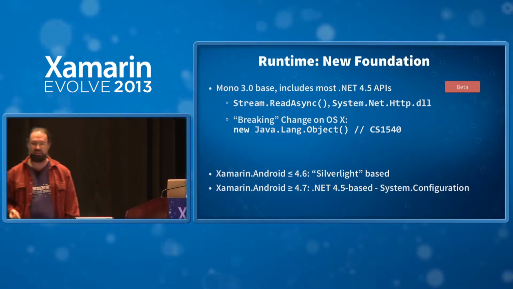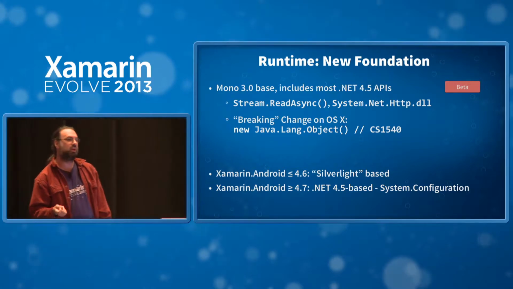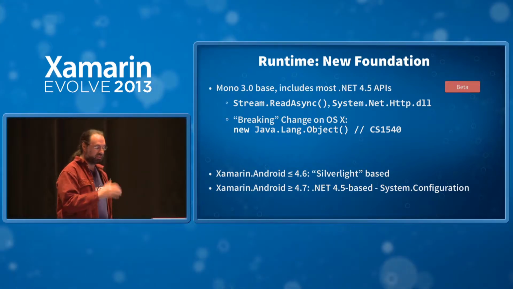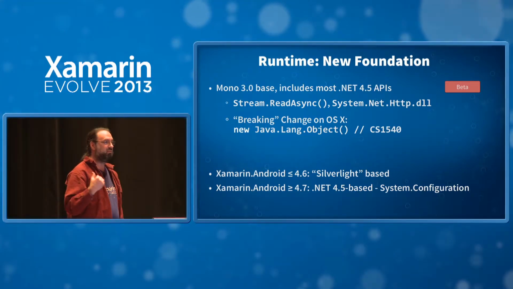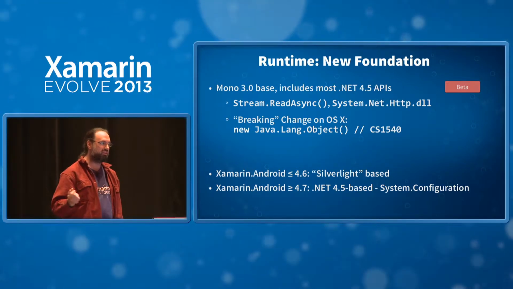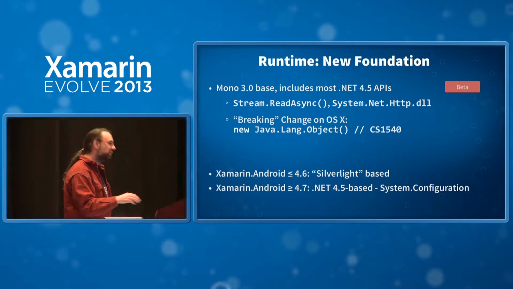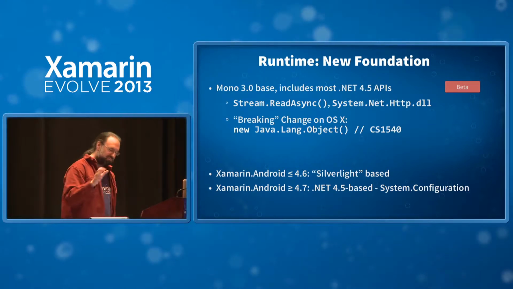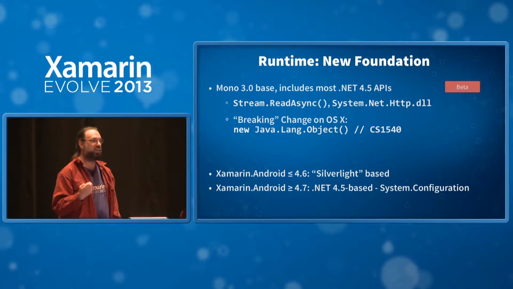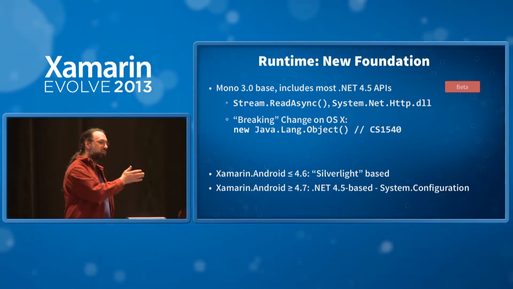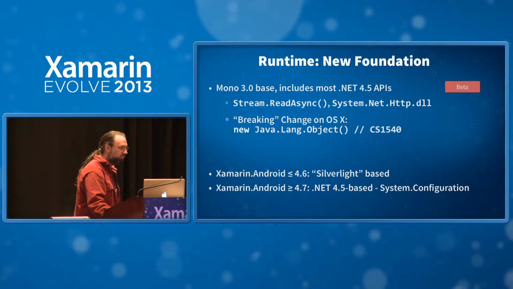So that should increase compatibility for many of you. The other big change is a rethinking of how we structure the class libraries. In the previous release, in the current stable release, the class libraries were based on Silverlight with extensions, and that's Silverlight circa 2009 with extensions and removals. But the idea was Silverlight, primarily so that we would get a smaller API footprint so that we would not be dragging as much baggage onto the device because we were worried about application size.